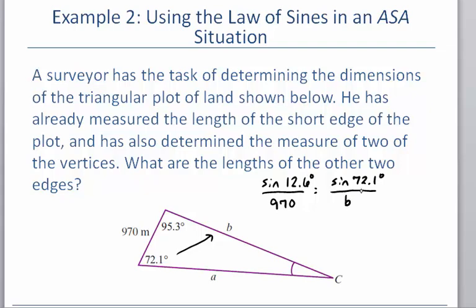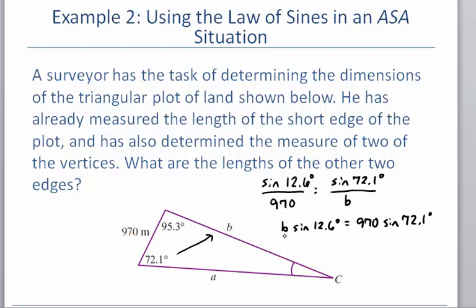We're going to cross multiply, so we'll have B times sine of 12.6 degrees equal to 970 sine 72.1 degrees.